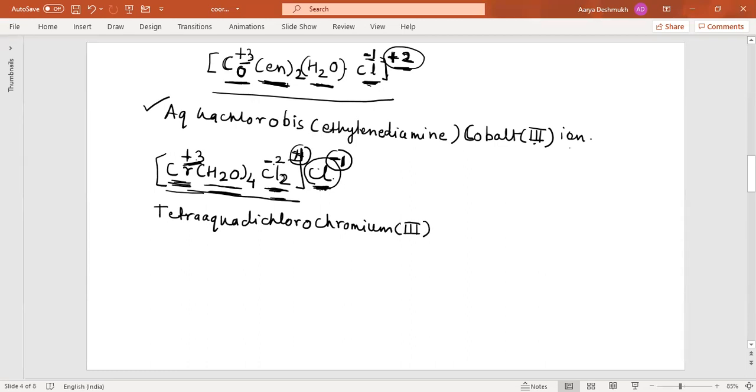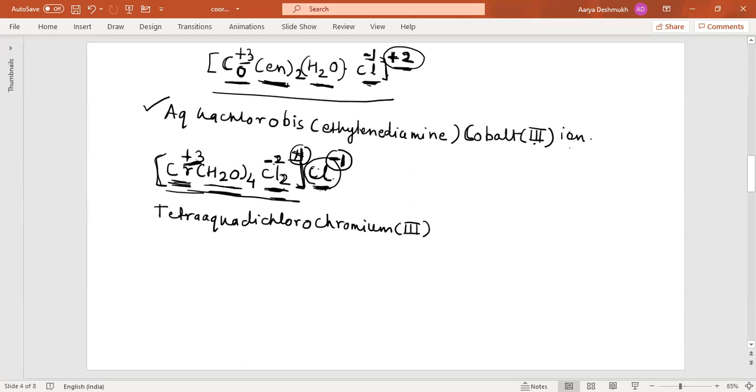I repeat for you. There are two chloride ligands here, isn't it? Each chloride carries -1. Since there are two, this should be -2. We have this chlorine atom outside the coordination sphere with -1. So first, the charges inside the coordination sphere: if this is -2, we are not aware of the oxidation state of chromium. But we know there is one chlorine outside the coordination sphere with -1 charge.